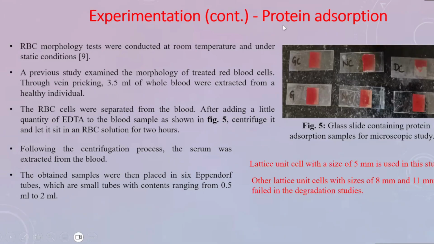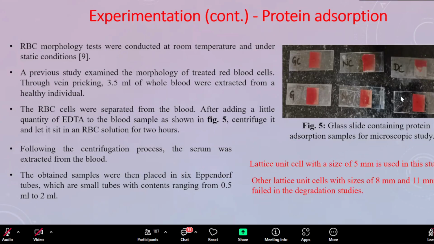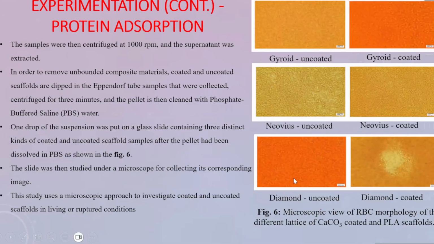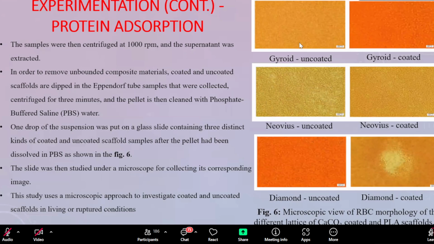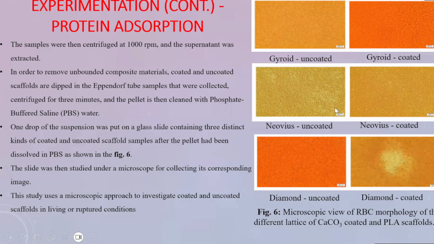There are also protein absorption studies on those implants. Here you can see we studied protein absorption. We found that the neovius structures had good protein absorption compared to the gyroid and diamond implants, and that was an outcome of these protein absorption studies.